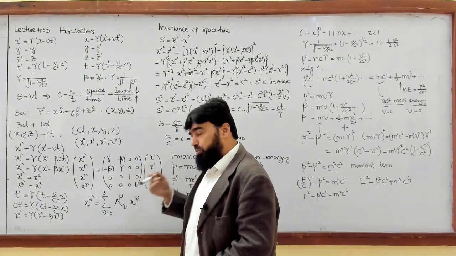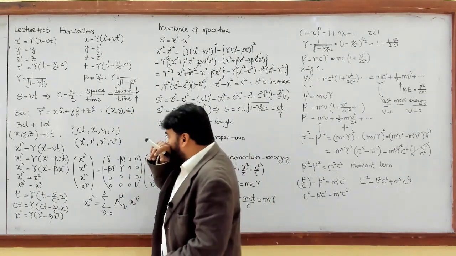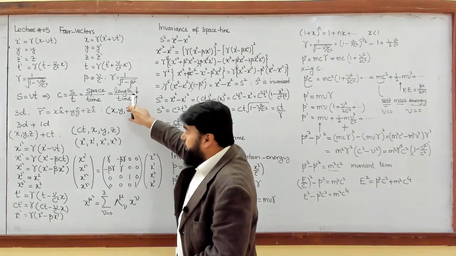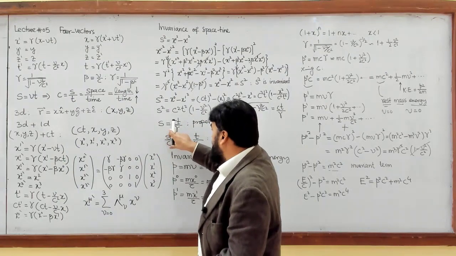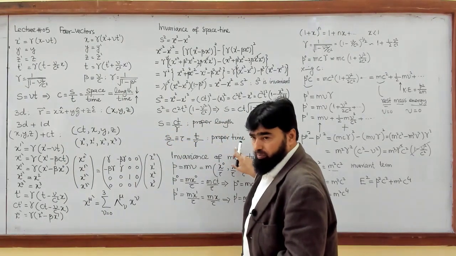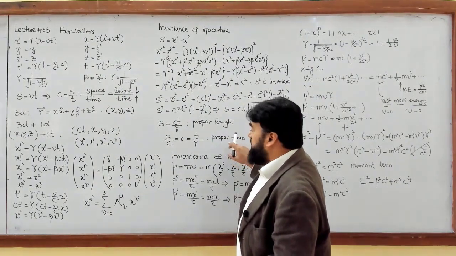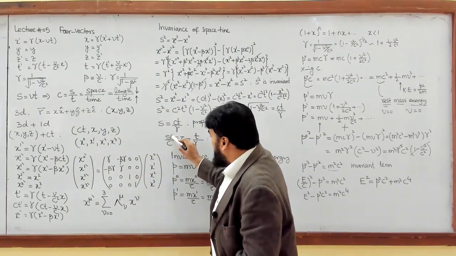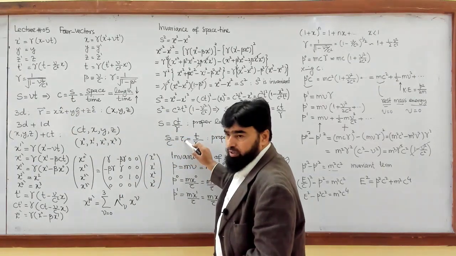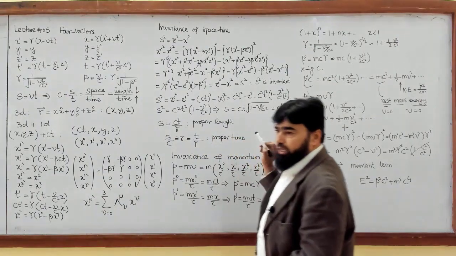That was the difference between the moving and the rest frame. So considering them invariant for a proper length and for a proper time, they remained invariant, and as a result, C remained invariant. So S over C is tau, the proper time. S is the proper length.